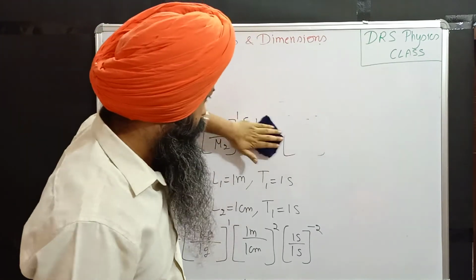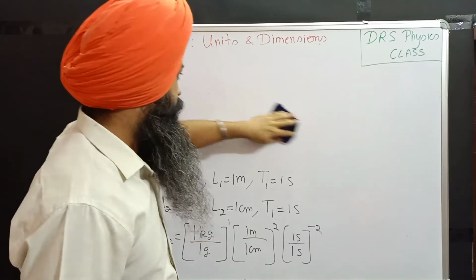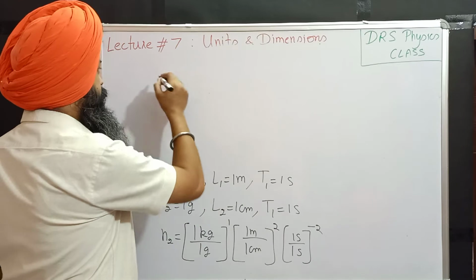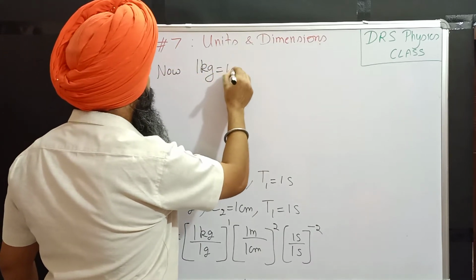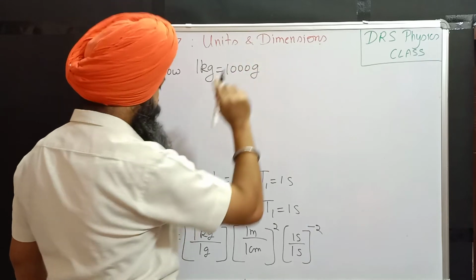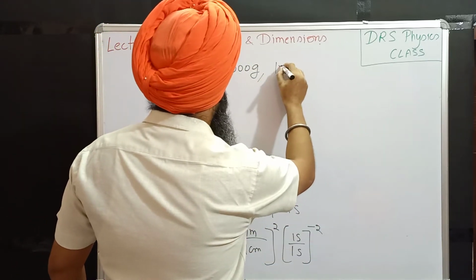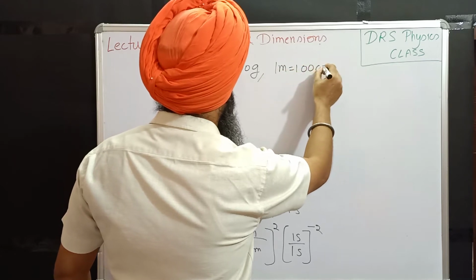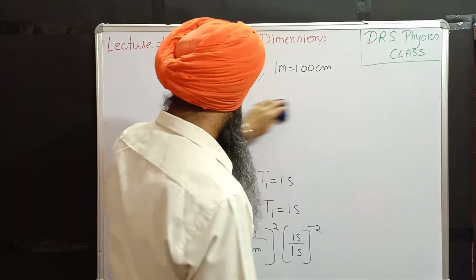Further, we know the relation between kilogram, gram, meter and centimeter. 1 kilogram is equal to 1000 gram, 1 meter is equal to 100 centimeter, and 1 second is equal to 1 second.